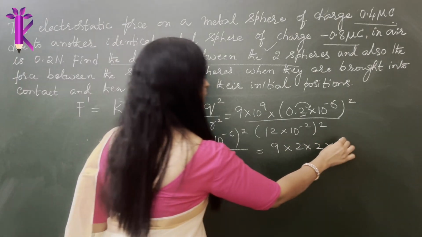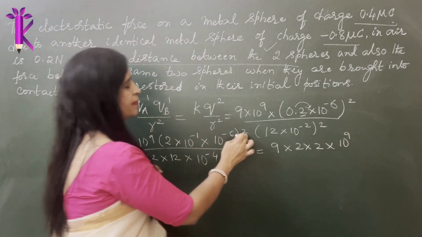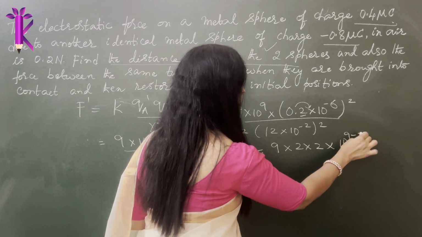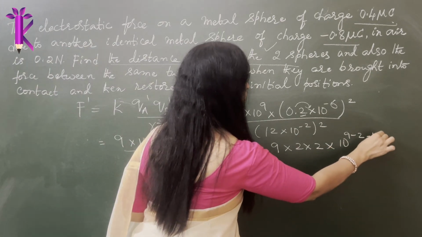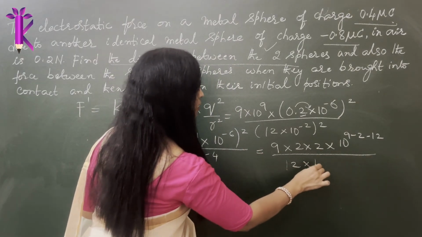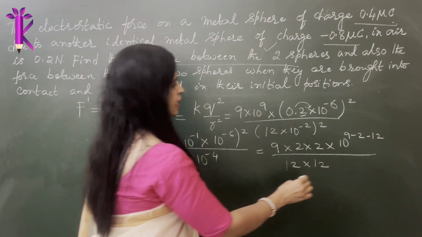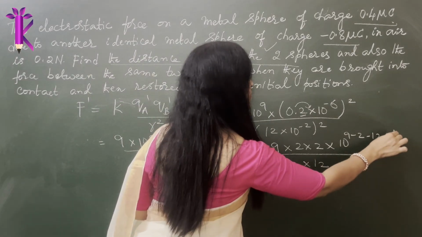Now let's do this. 10 to the power of 9. 10 power minus 1 whole to the power 2 is 10 power minus 2. 10 power minus 6 whole to the power 2 is 10 power minus 12, divided by, you have 12 and 12 in the denominator into 10 to the power of minus 4. If it goes to the numerator, it becomes plus 4.